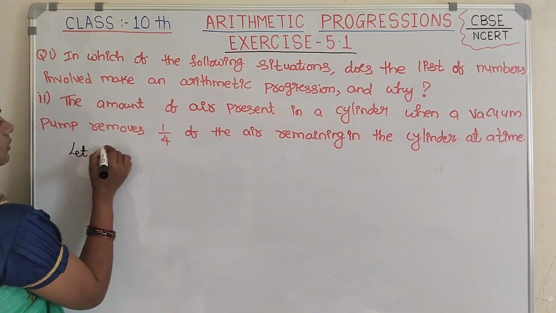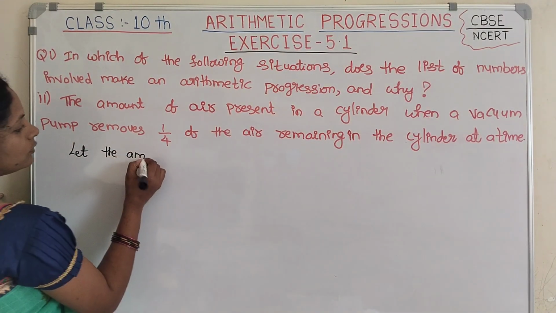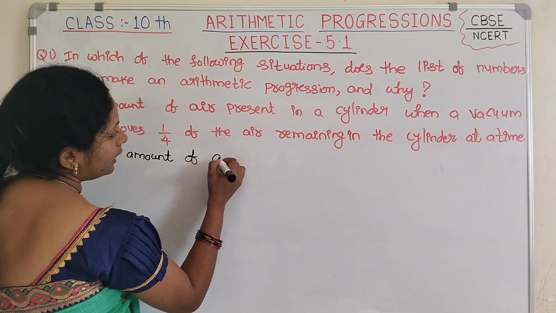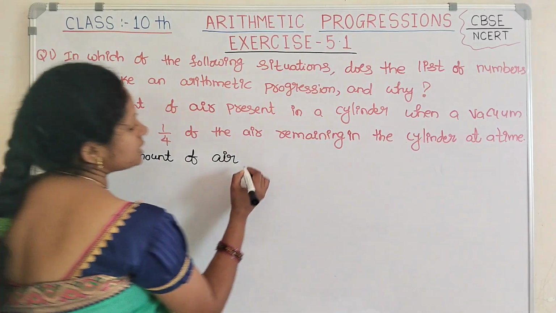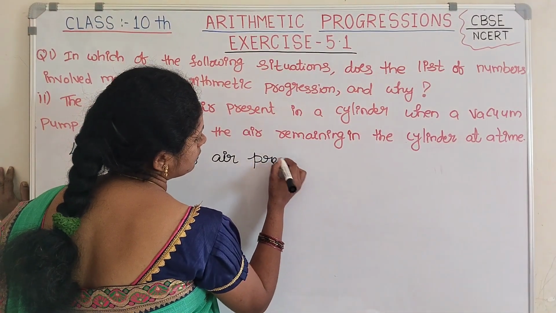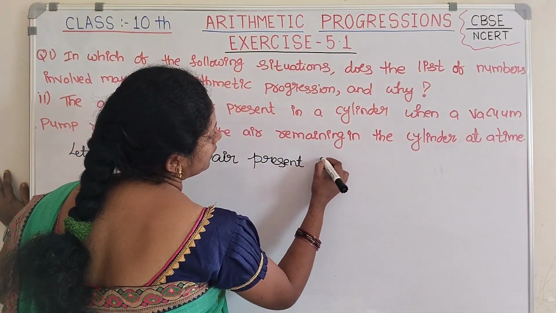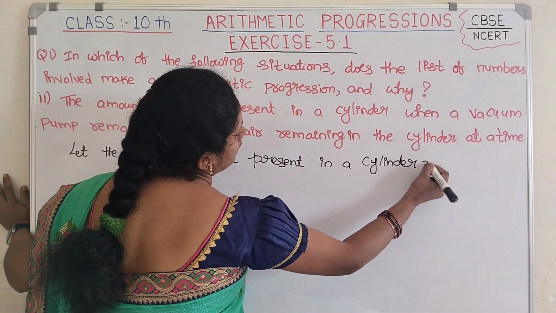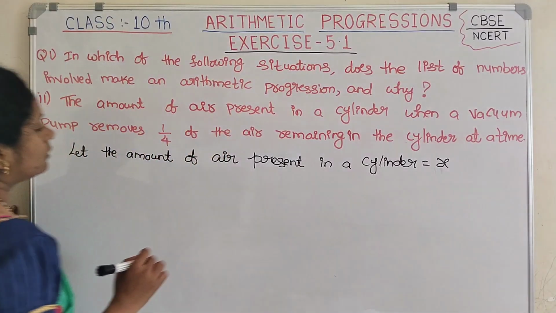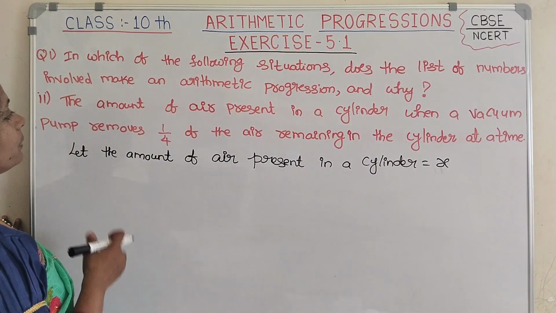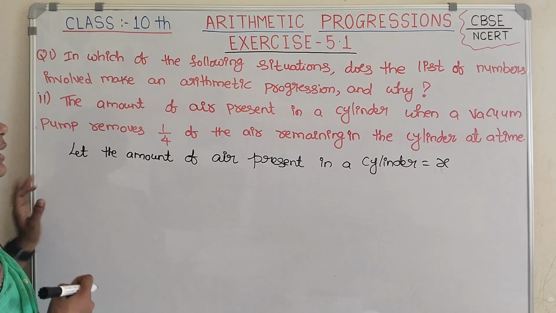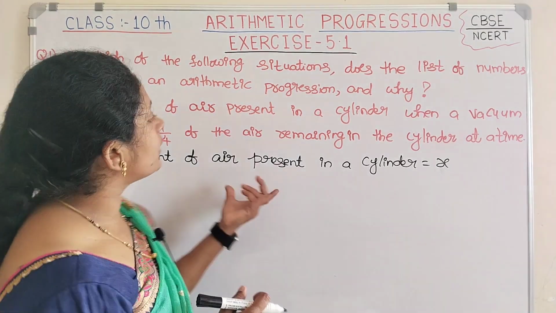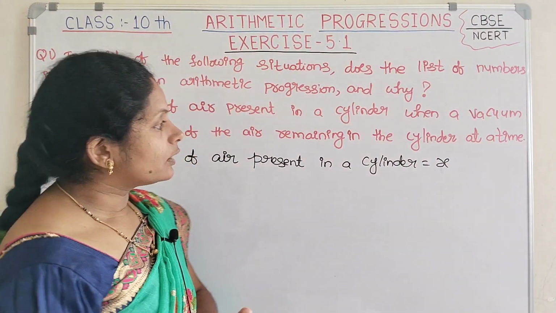Let the amount of air present in a cylinder equal X. When a vacuum pump removes 1/4 of the air remaining in the cylinder, here we have to remove 1/4 of the X. From which?